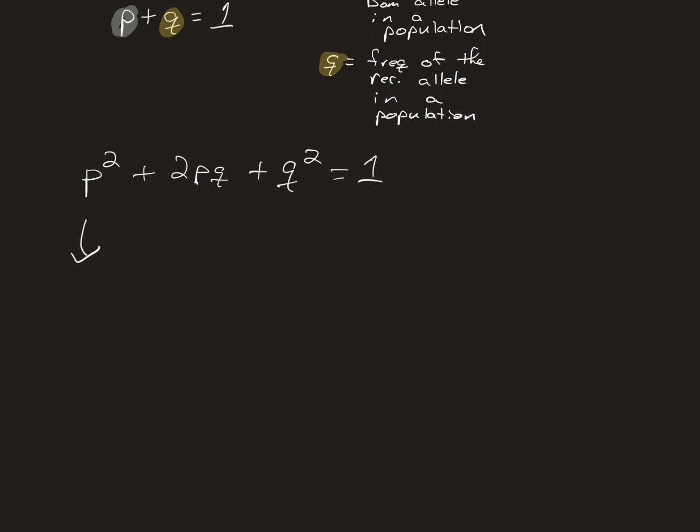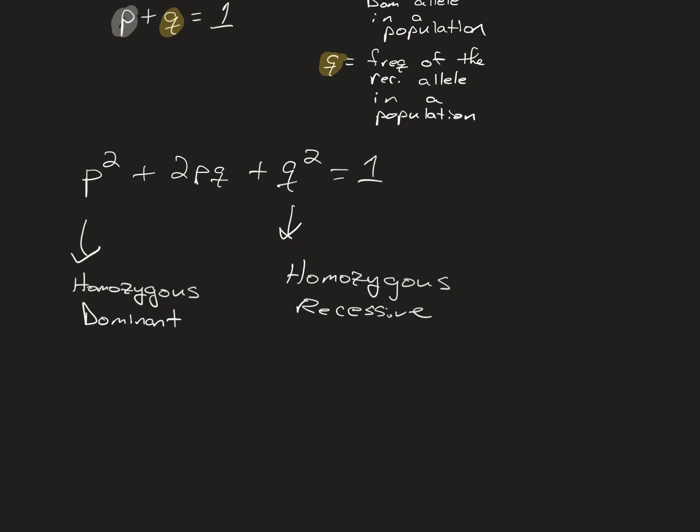This is homozygous dominant. This is homozygous recessive. And this is the heterozygote.